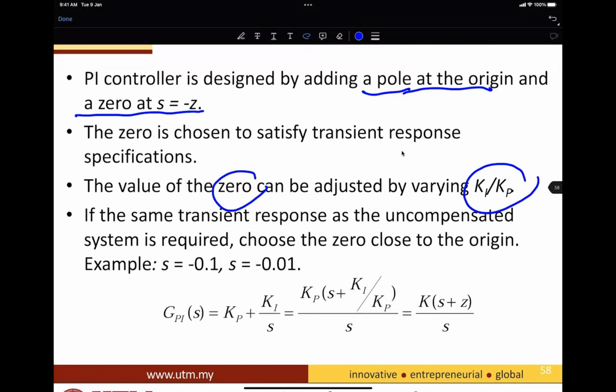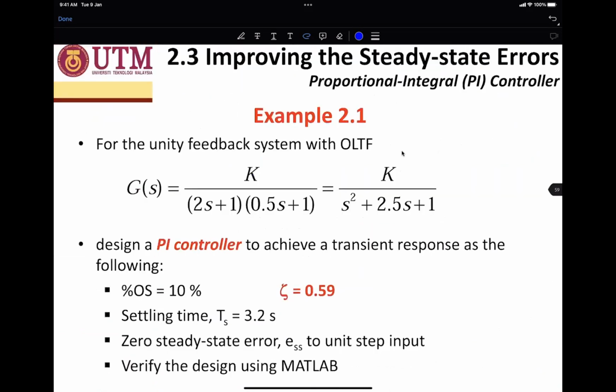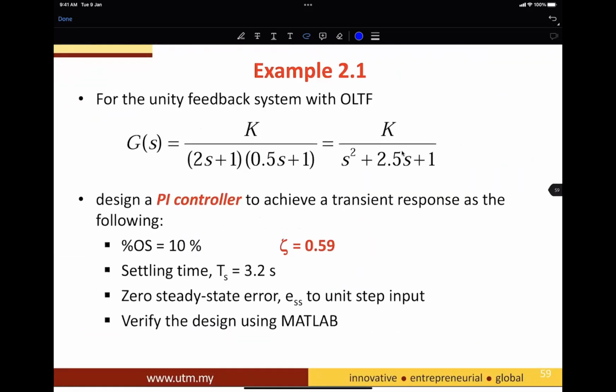So in the same transient response, we can choose any zero. For example, S minus 0.01, or minus 0.01, which is smaller compared to minus 0.1. Example 2.1.